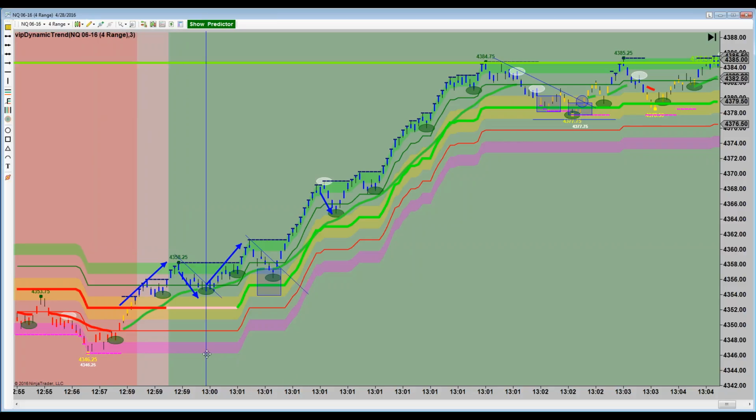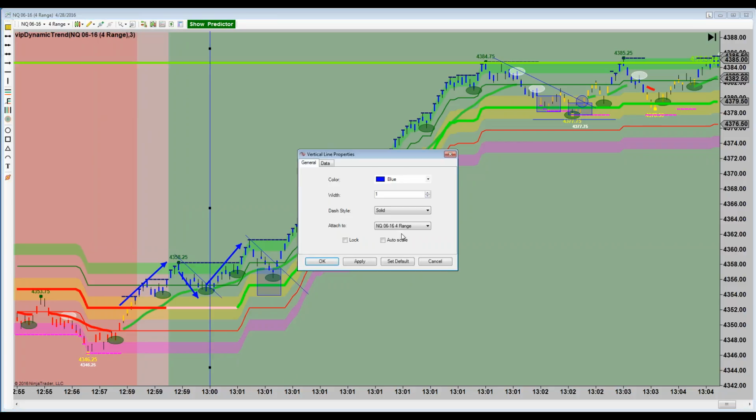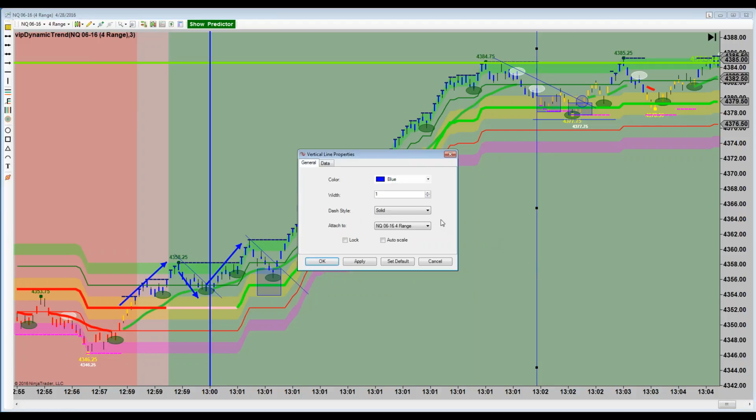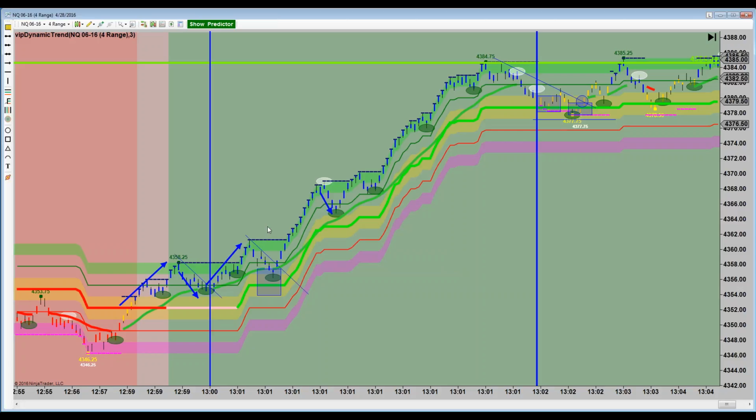Just to give you a reality check on this, here's the close in the market at 1300 right here. The first minute after the close goes all the way over to here. So all these bars printed in a minute. The fact of the matter is that was just simply not tradable.